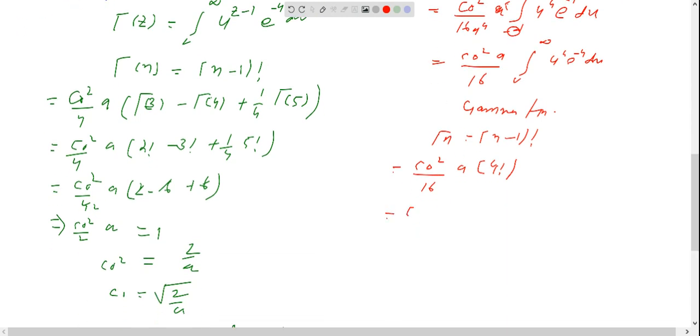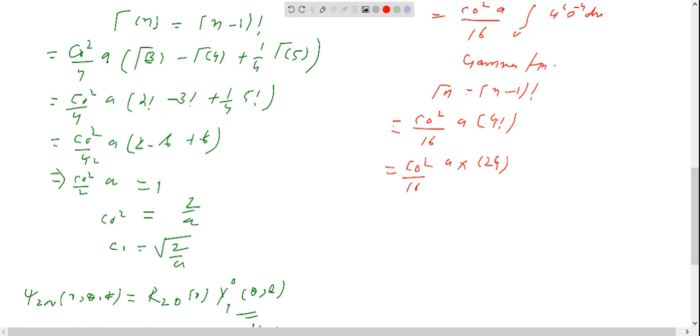So this becomes c naught square out of 16 into 24. So we can write it as 1 is equal to 3 out of 2a c naught square. Therefore c naught square equal to 2 out of 3a, and c naught equal to under root 2 out of 3a.